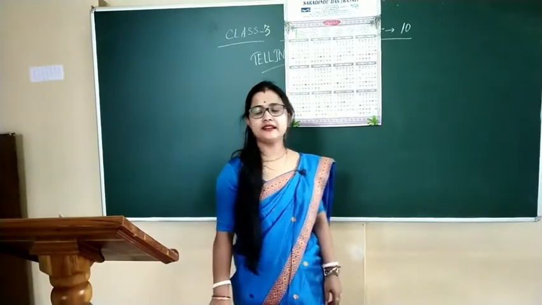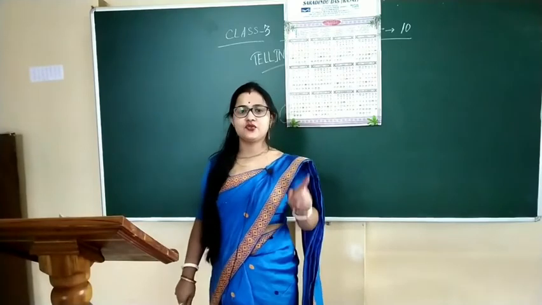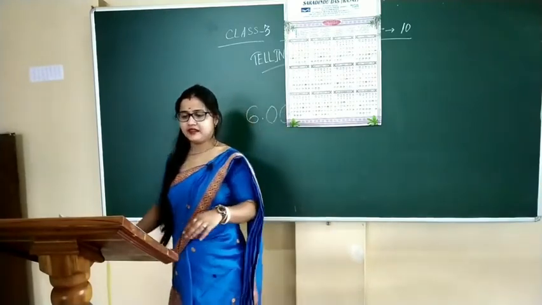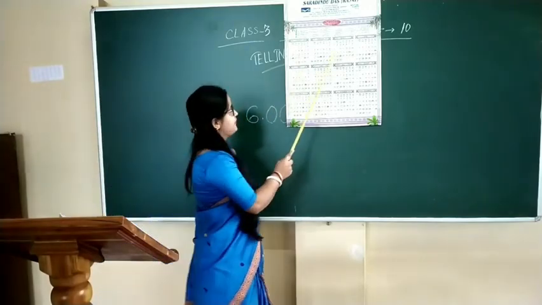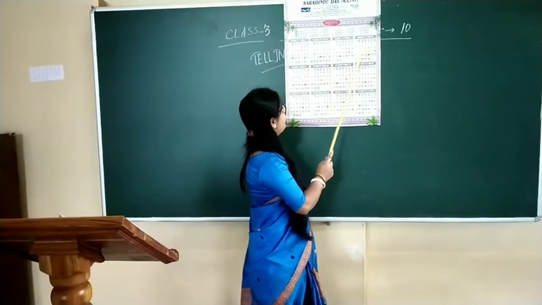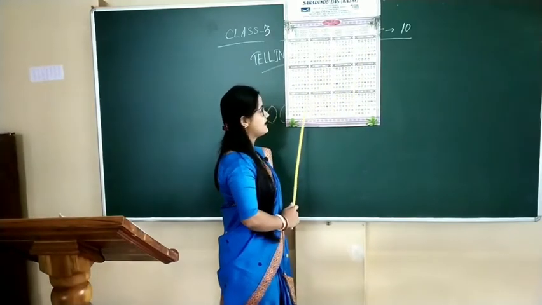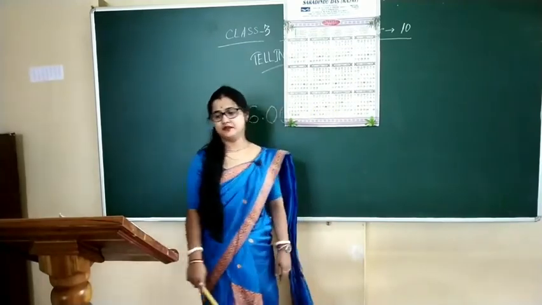We have already learned this in our previous classes, isn't it? 12 months make 1 year. What are they? January, February, March, April, May, June, July, August, September, October, November and December.